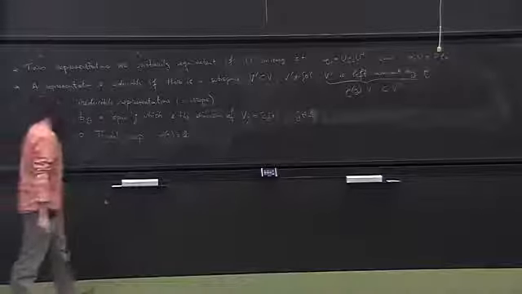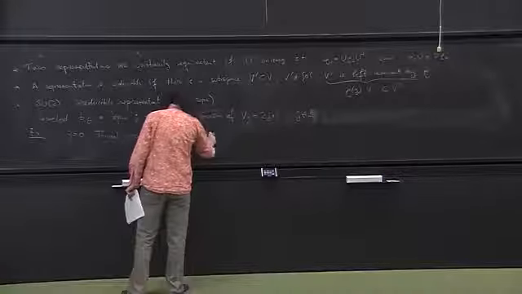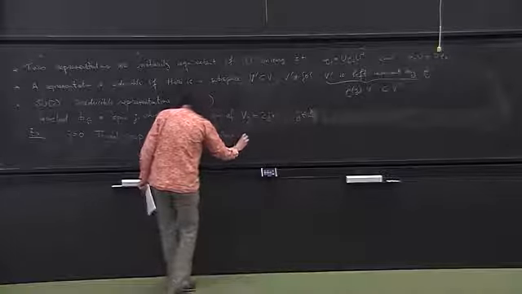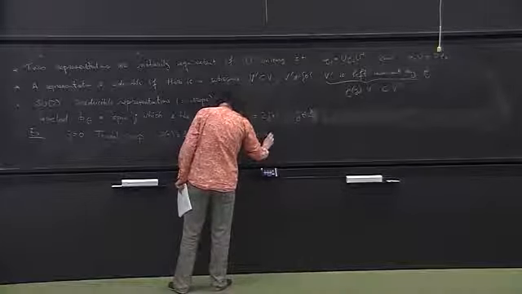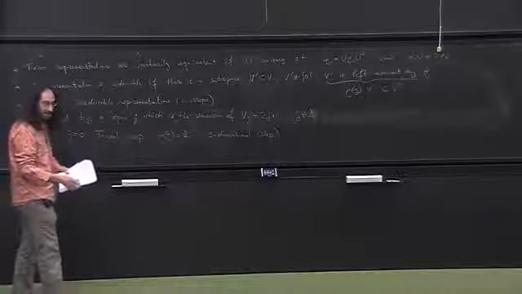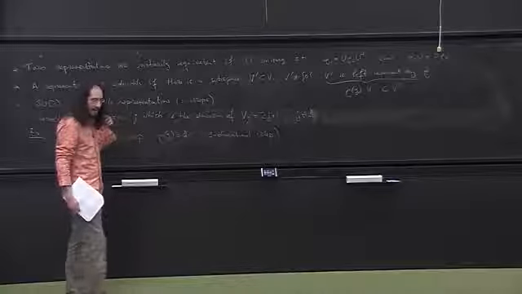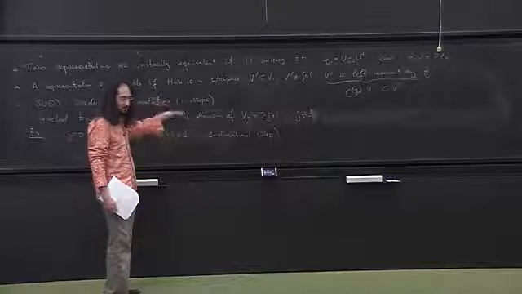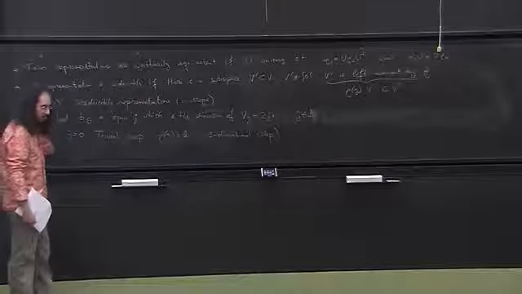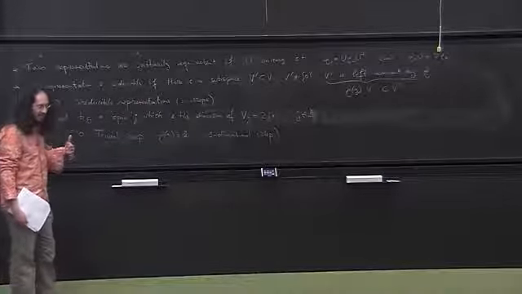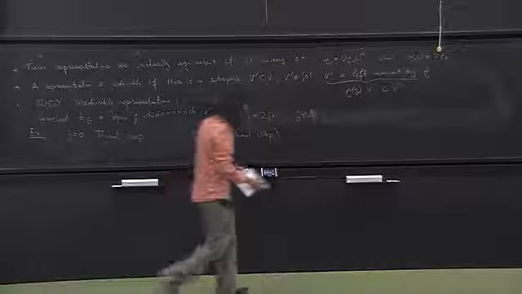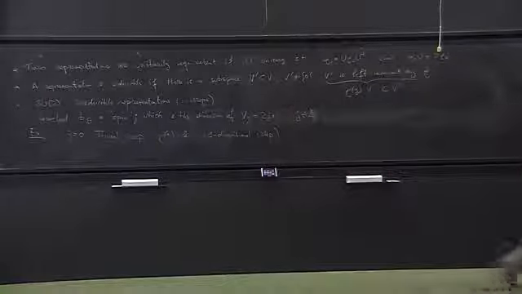It's a one-dimensional irrep. It acts on C, the set of complex numbers, and all group elements are mapped to the identity operator. So it's really the trivial representation. You don't see rotations there. If you want a non-trivial one, you have to go to non-zero spin.